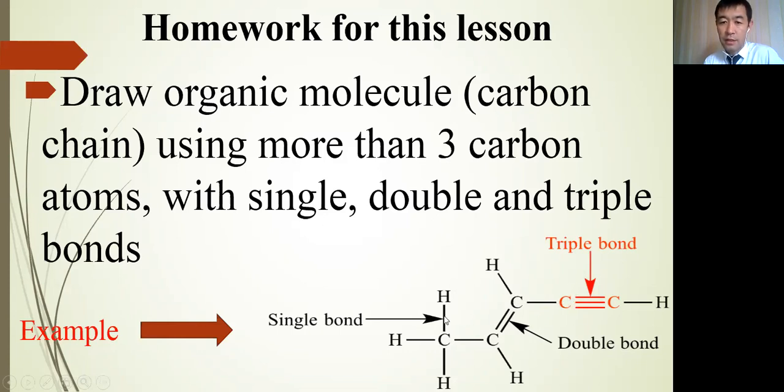I used single, double, and triple bonds here. Remember, the carbon has only 4 bonds, and everywhere in this structure carbon has only 4 bonds, and hydrogen can have only 1 bond.